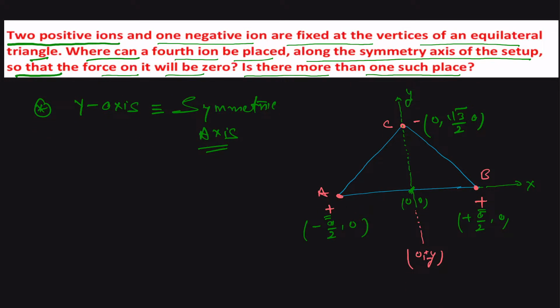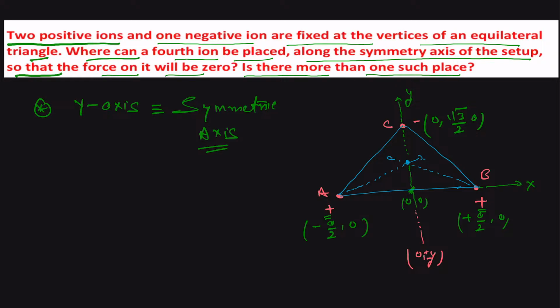Okay, so if we place a test charge somewhere here, let us suppose there is a repulsive force in this direction, and because of this there is a repulsive force in this direction. So we can divide these two forces into components.